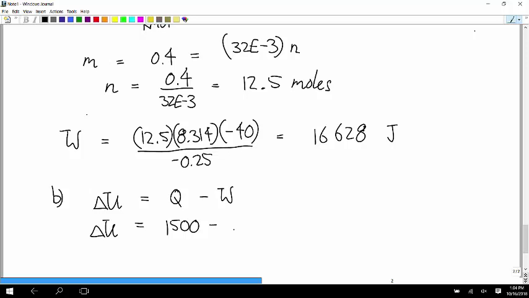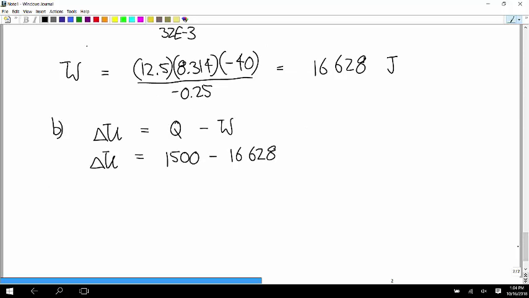The work is 16,628, and so the change in internal energy is negative 15,128 joules.